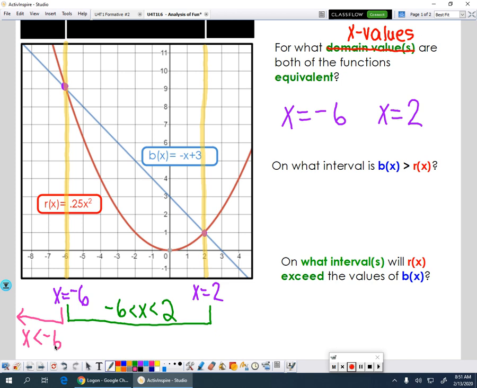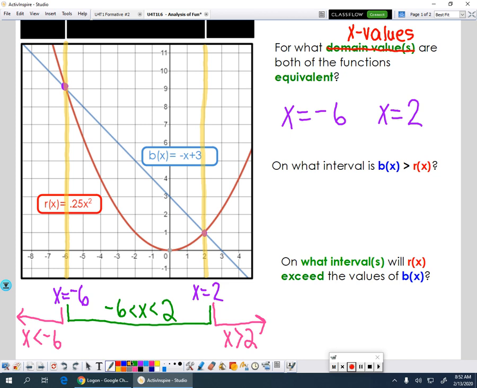And if you're not sure about that, this is -6 here, -7, -8, all the numbers here on the left are less than -6. Same way, over here, everything on the right side is going to be greater than 2. And again, check it out, this is 2, 3, and 4, and everything to the right will then be greater than 2. Okay, so now we've really broken down our graph into sections, and it's really important for us to understand that those sections are going to help us with these next few questions.